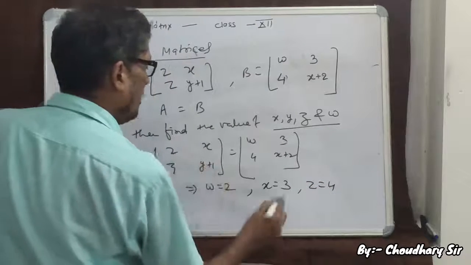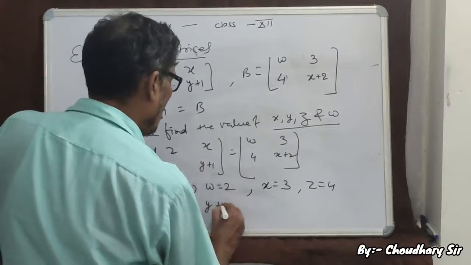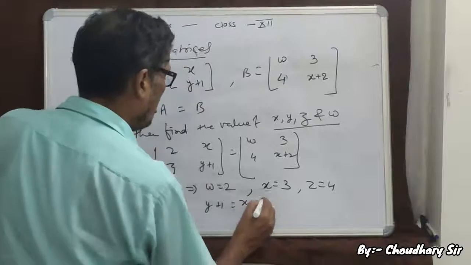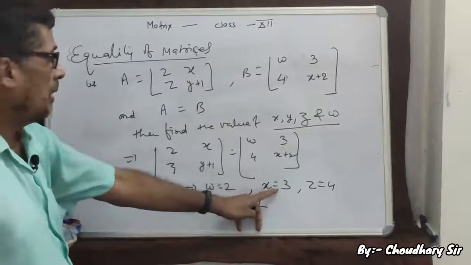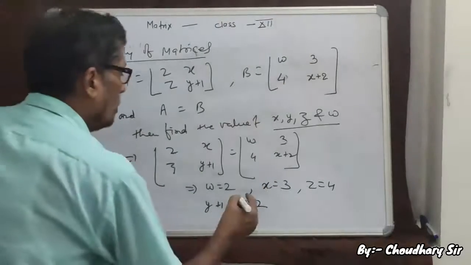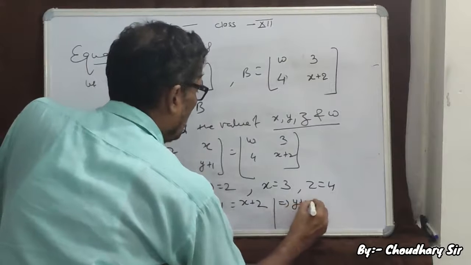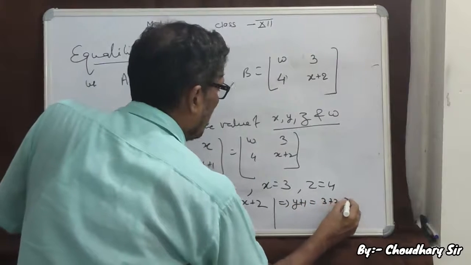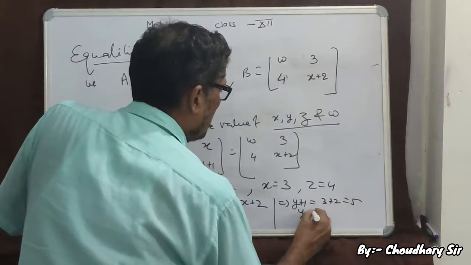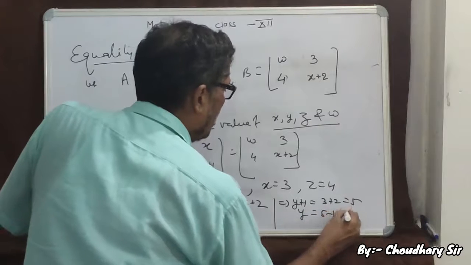And y plus 1 equals x plus 2. But what is the value of x? The value of x is 3. So this implies y plus 1 equals 3 plus 2, that is 5. So y equals 5 minus 1, that is 4.